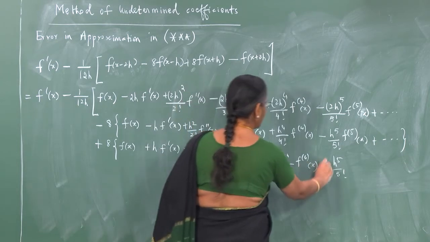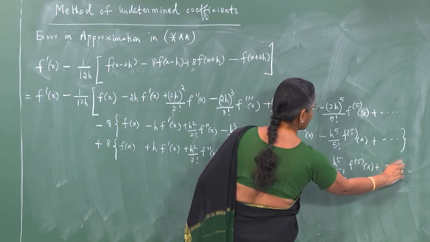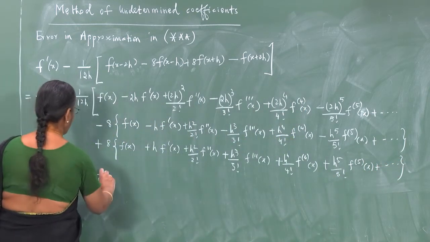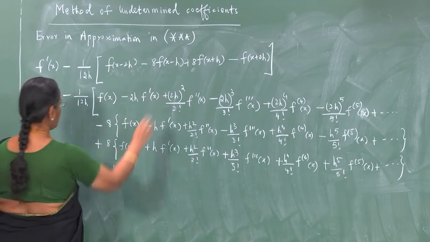So, all the terms will have positive signs, fifth derivative at x plus etc. And then I have the last term, which is minus f of x plus 2h.